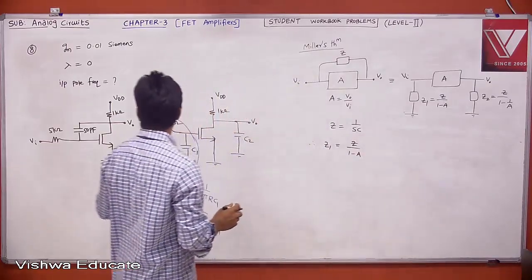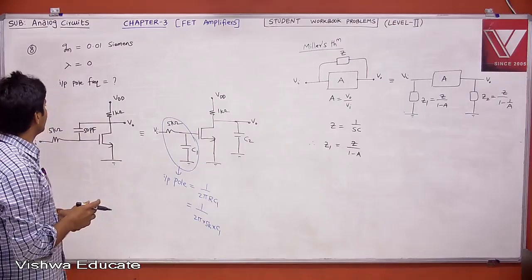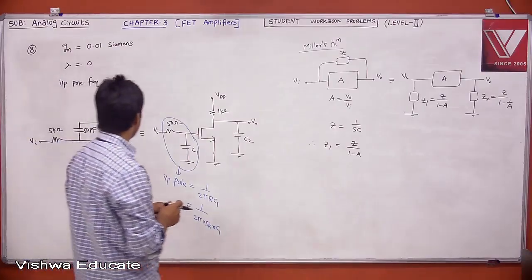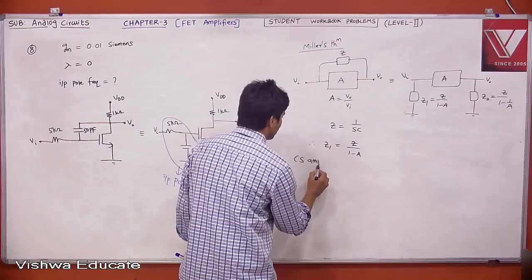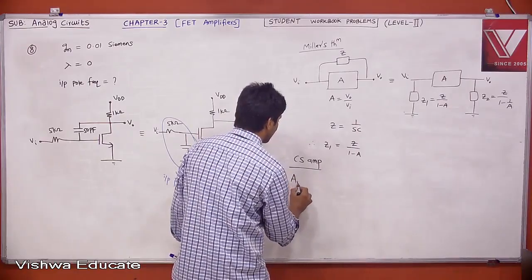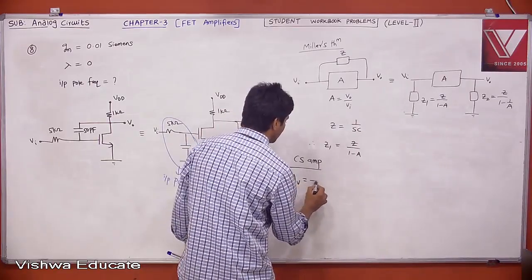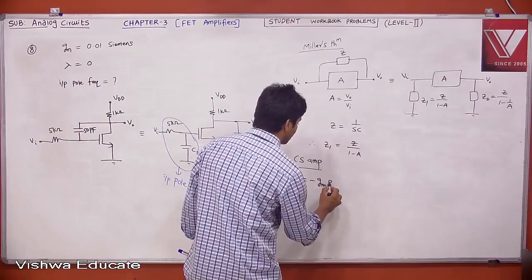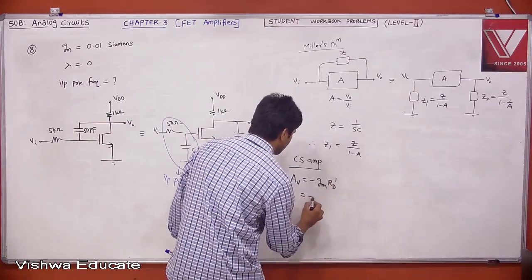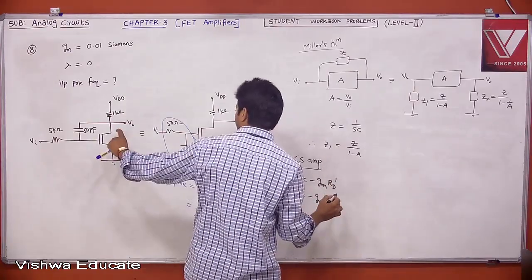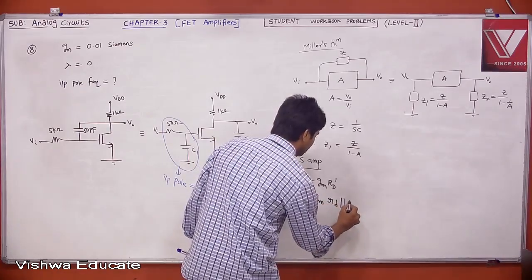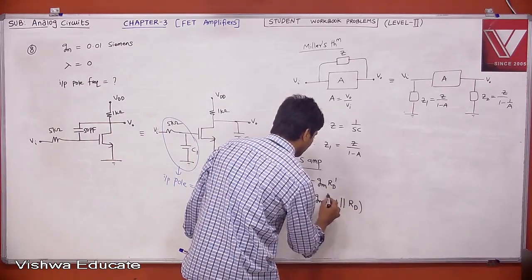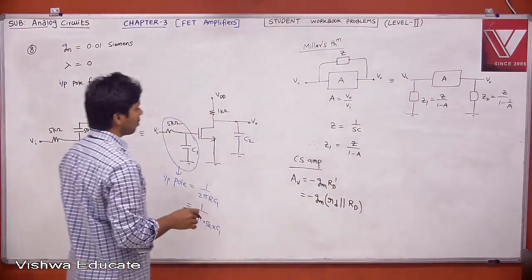First of all, what is the voltage gain of your common source amplifier? The voltage gain is minus gm into Rd dash. Rd dash is the transistor resistance, small rd, in parallel with the load Rd.